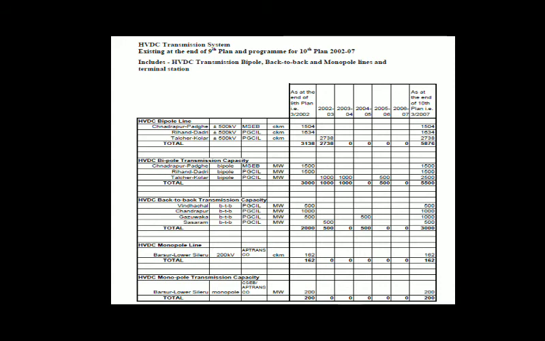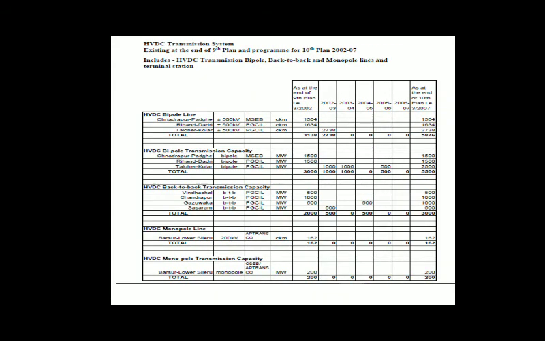Okay, and PGCIL and others are in this project, as at the end of the 9th plan. So you can get the details from this chart. Here there is HVDC bipole line, HVDC bipole transmission capacity, HVDC back-to-back transmission capacity, HVDC monopole line, HVDC monopole transmission capacity.